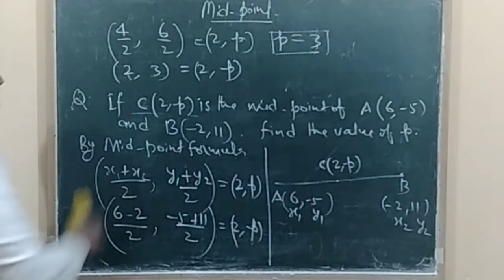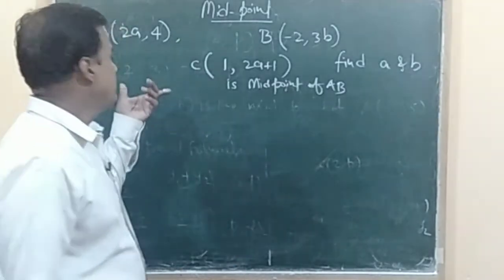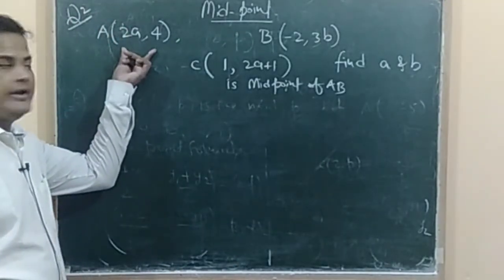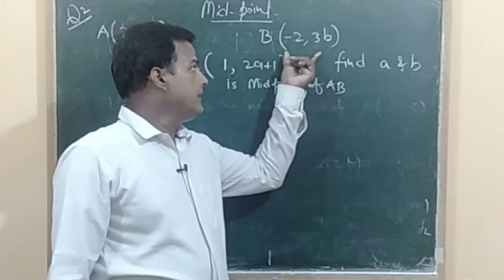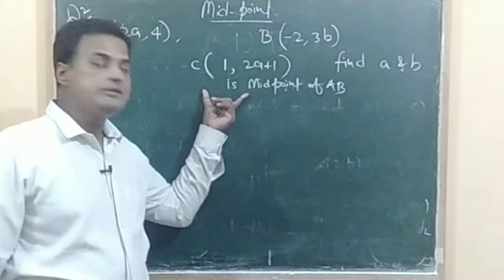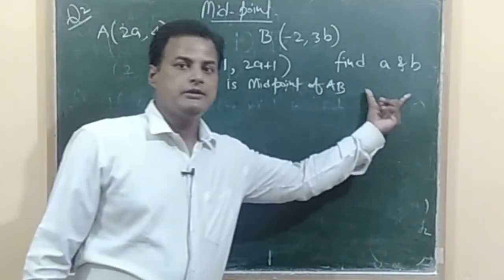Okay. Question number 2. Here we are given: point A whose coordinate is (2a, 4) and point B whose coordinate is (-2, 3b) and C is the midpoint whose coordinate is (1, 2a plus 1) and we have to find a and b.